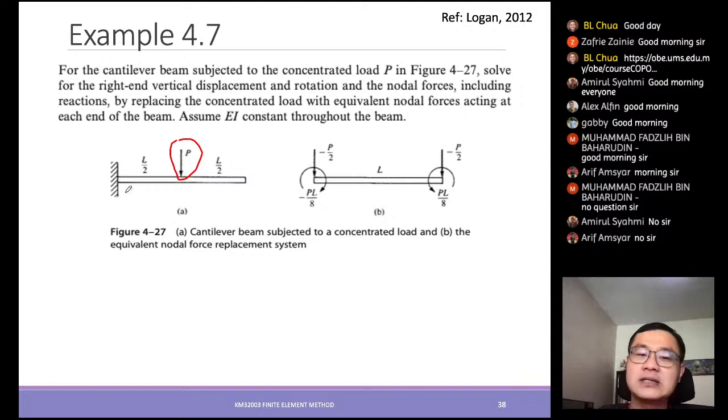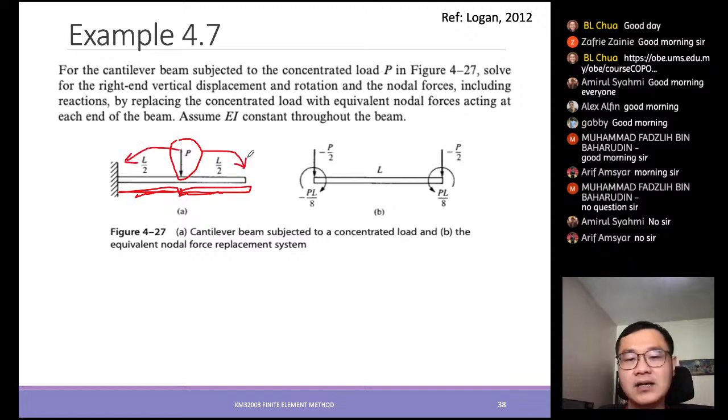So there are two ways to do it: either you add an additional node at the middle and break it like this, or, in this case, they want to show you that you can also break this into two equivalent so-called loads at the two ends.